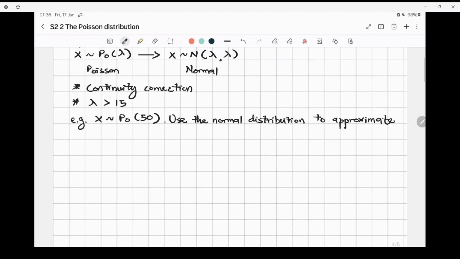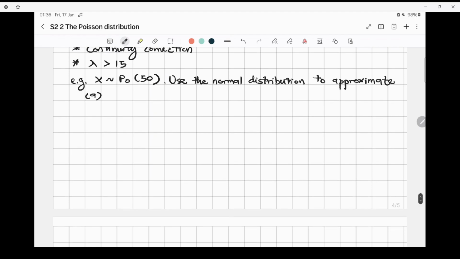The first one, let's say, is P(X < 50). In this case, I will write on the right, your normal distribution will be something like this: 50, 50.